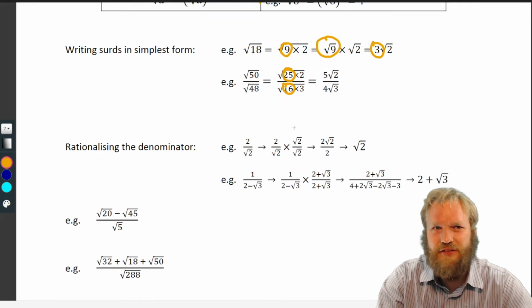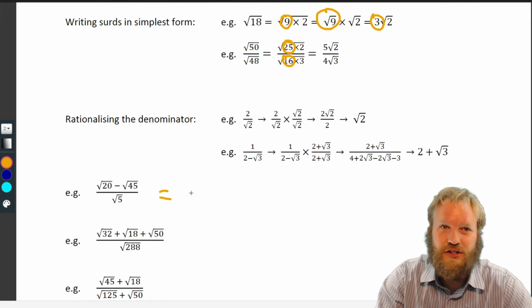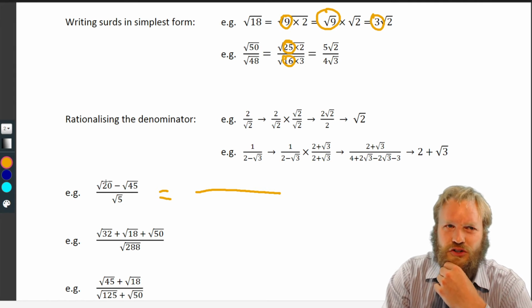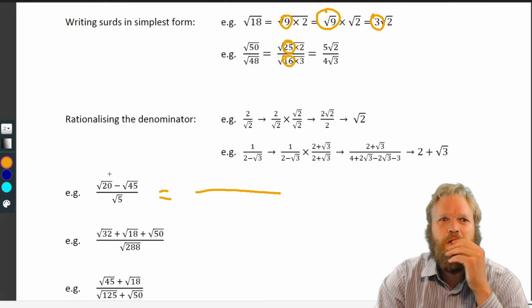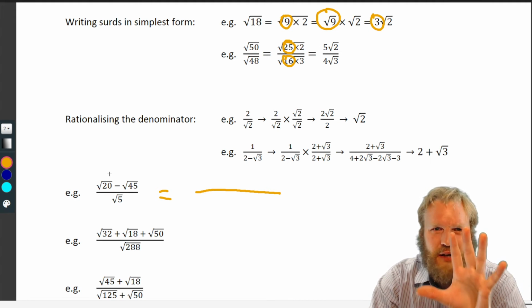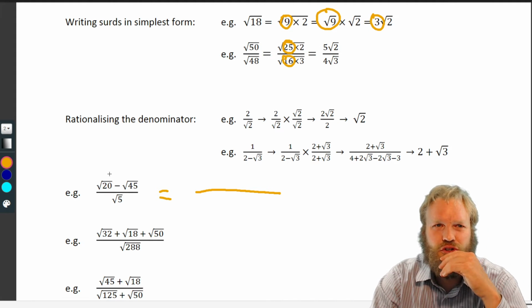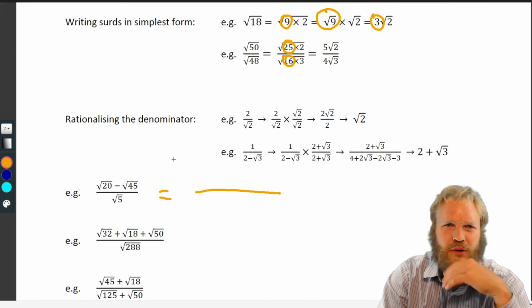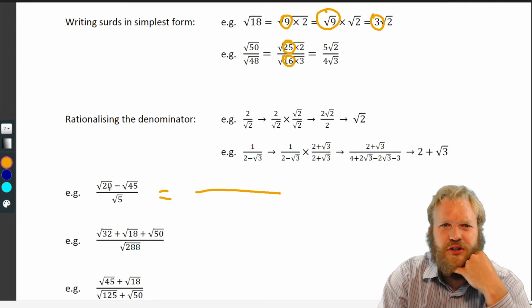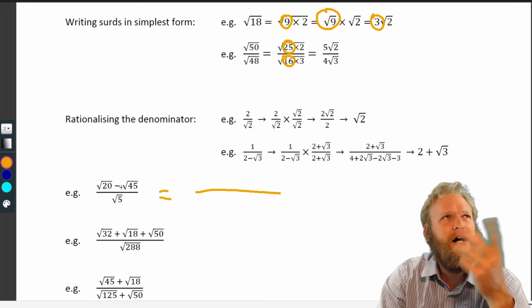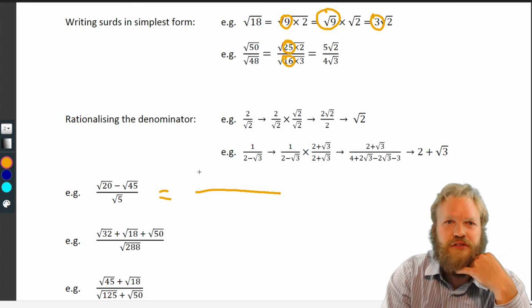So let's dive straight into an example to see what that means. We've got the square root of 20. Now, what perfect square number goes into 20? Well, I think 4 goes into it. Is that the highest number? 4, 9, 16, 25, yeah.